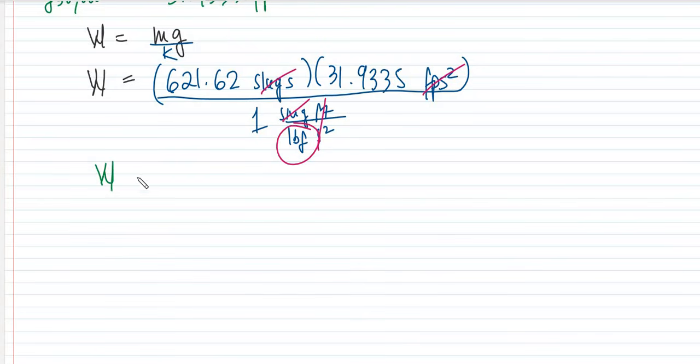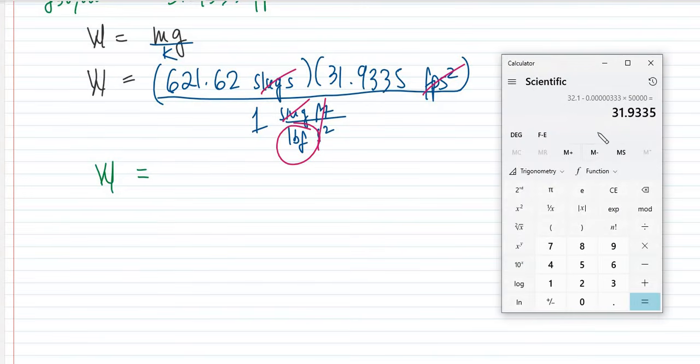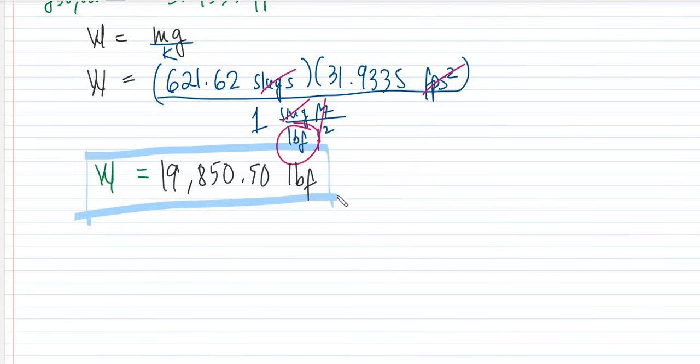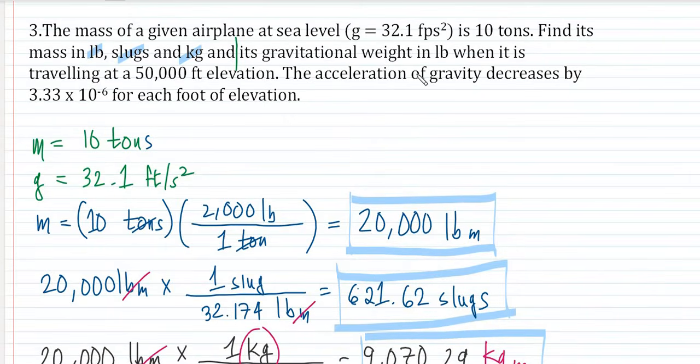So weight is equal to 31.9335 multiplied by 621.62. The answer is 19,850.50 pound force. So that is our weight in pound force.